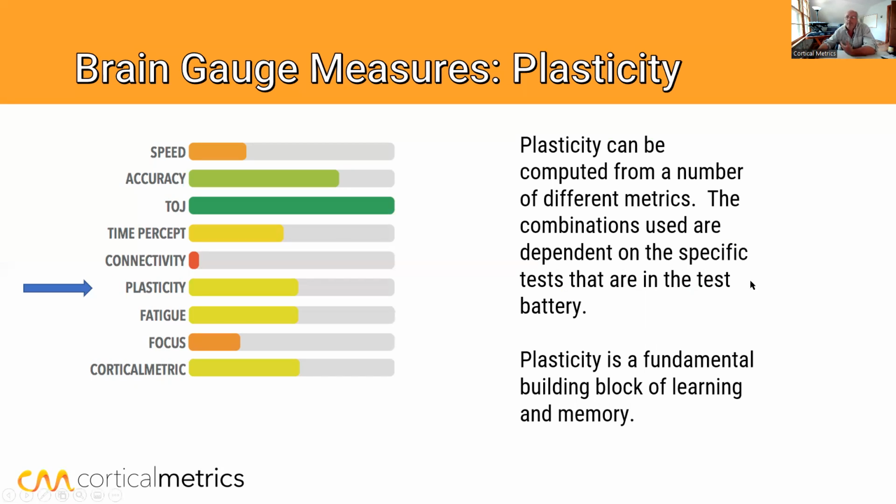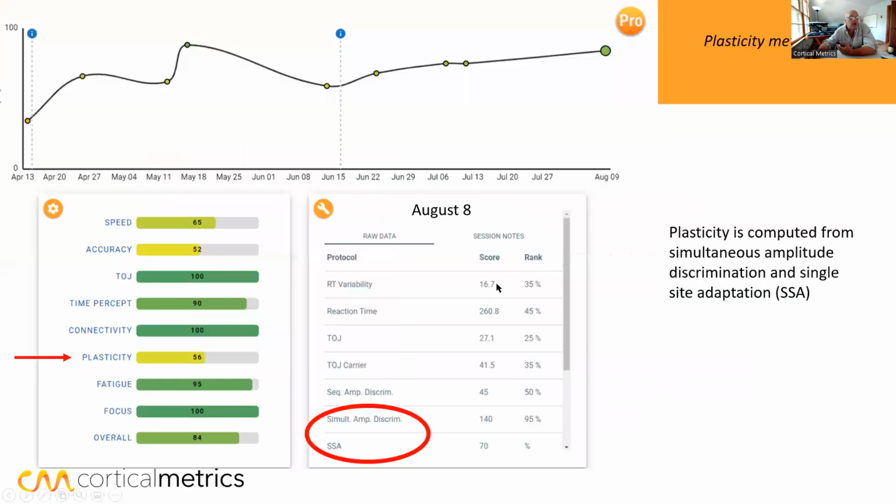A lot of people don't realize this, but different people use different test batteries. It really depends on how much time you want to spend testing and what your specific application is.